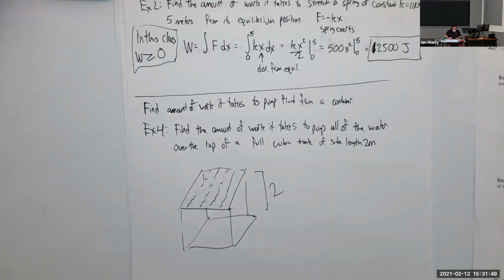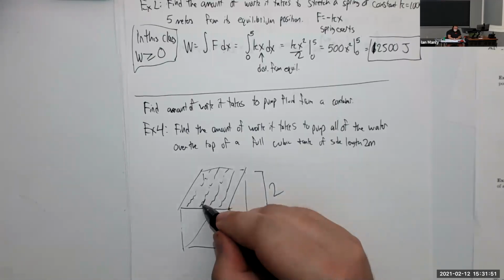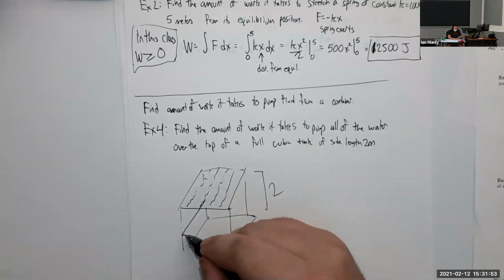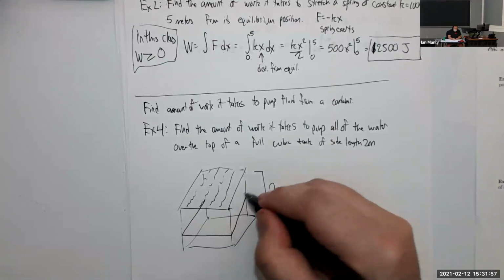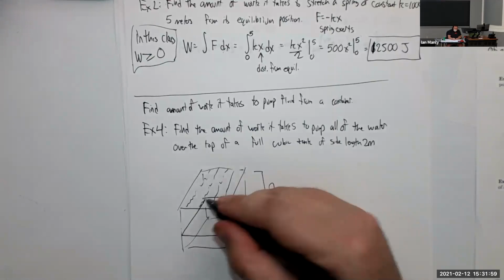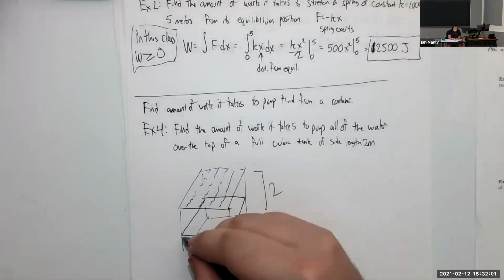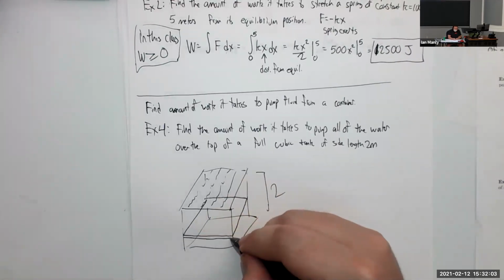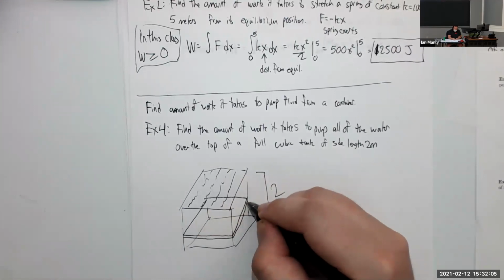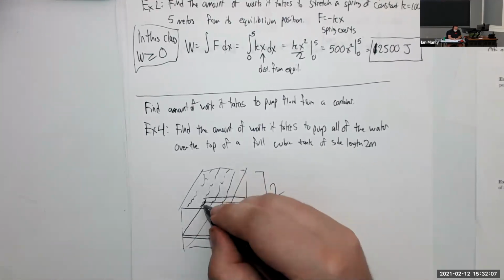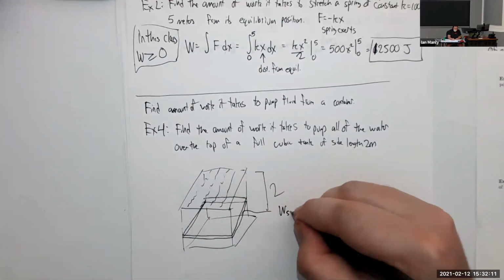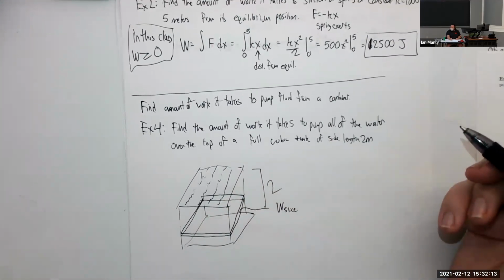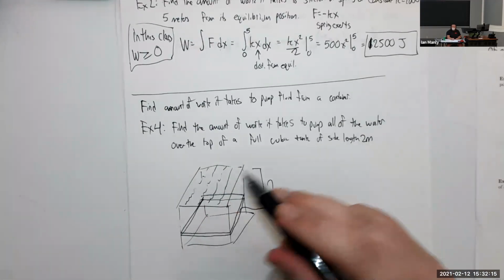So what we're going to do is imagine that we take a slice of water here. Let's say we have this square right here, and it's a very thin slice of water. Now, we're going to figure out the amount of work it takes to move this particular slice of water up and over the top.